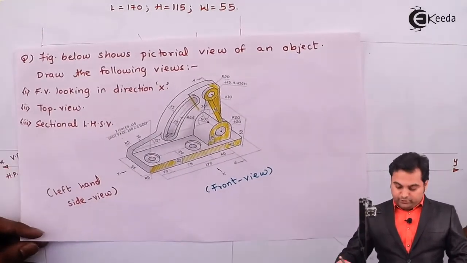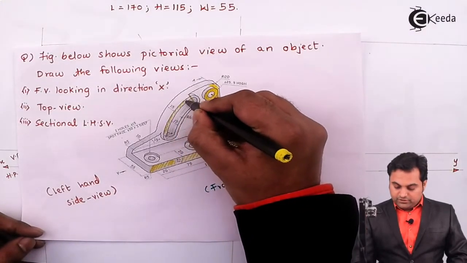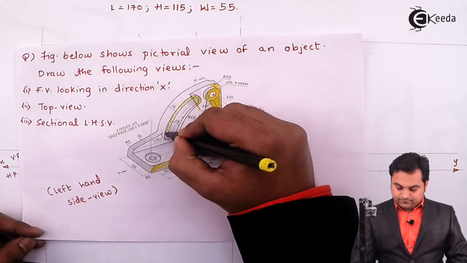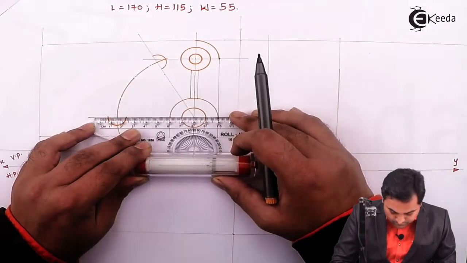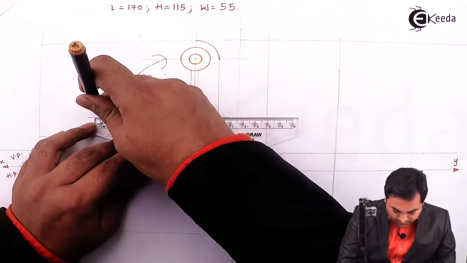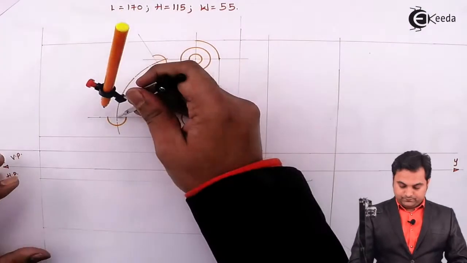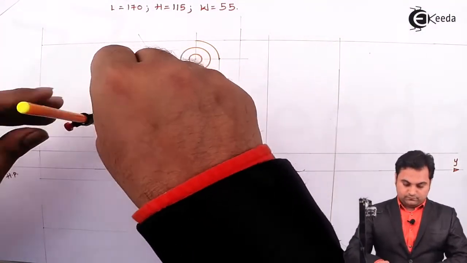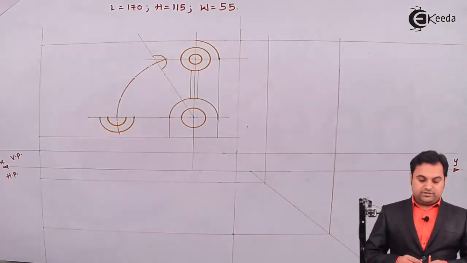So when I would be drawing that radius, I'll get this surface which I am shading here. Taking radius 15, I'll draw this semicircular part.